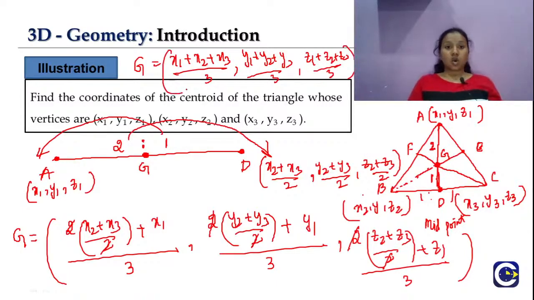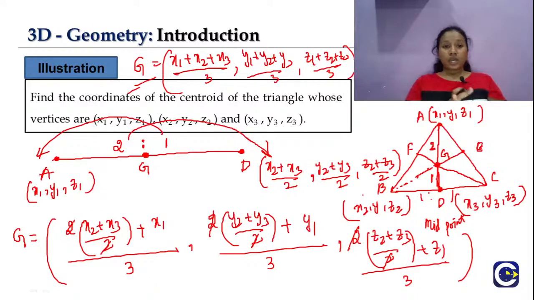So these are the coordinates of the centroid of the triangle whose vertices are given by (x1, y1, z1), (x2, y2, z2), and (x3, y3, z3). Right, so this is the final answer here.